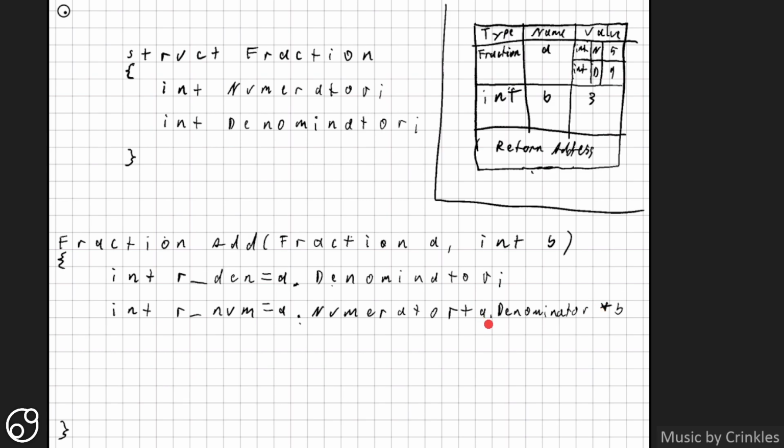So we check out these two values, a dot denominator, we go to a, okay, dot denominator, go to 9, times b, go into table, b, 3, times 27, and then a numerator, a dot numerator, 5, times 27, what's that, 135? Yeah, that's fine, around 35. And that would be stored in r_num.